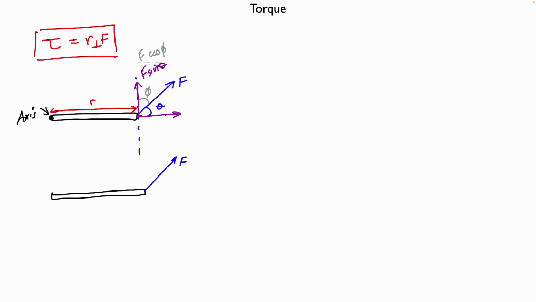This method I like to call the line of action of the force, because that's what the engineers call it. If you draw a dotted line along the line of action of this force, you can find the distance that is perpendicular to that line of action of force.